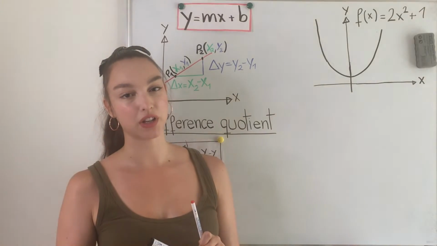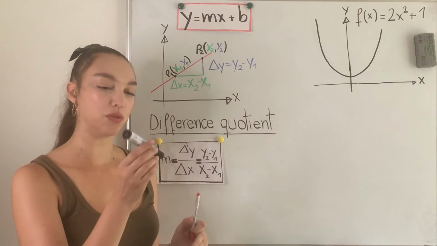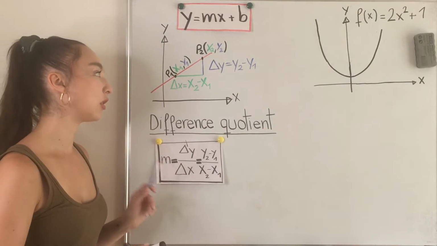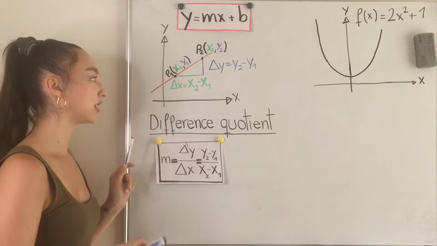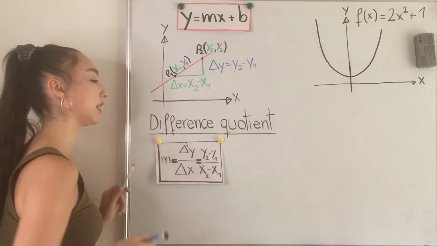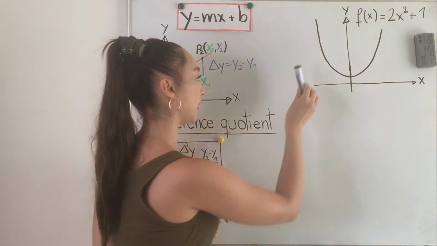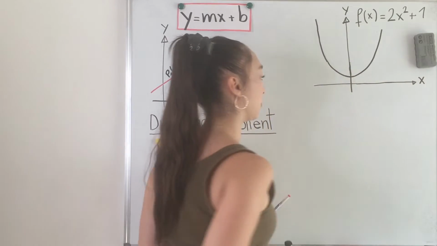Now, the derivative is the slope of our tangent line at each point of our function. In a linear function, the slope is constant because it consistently grows at the same rate at each point. However, the tangent line changes at each point.